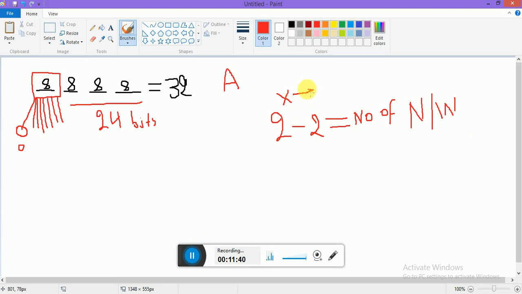X is the number of bits in the network portion.